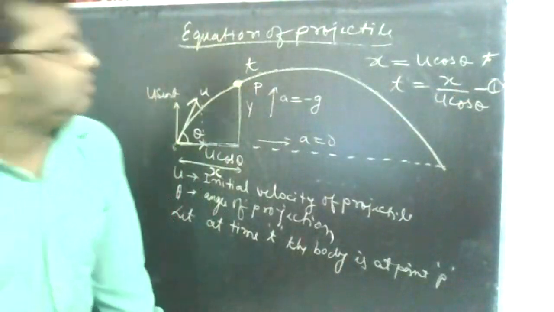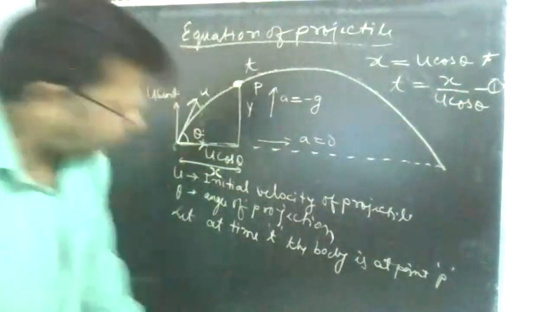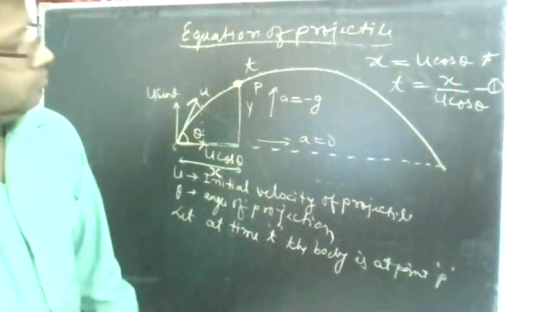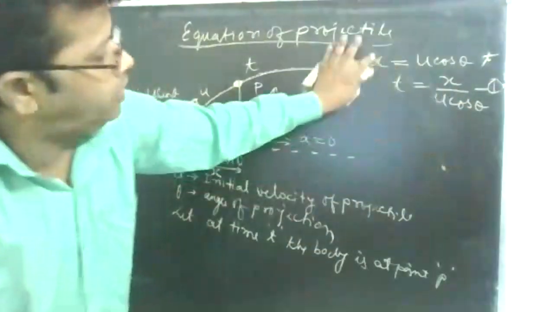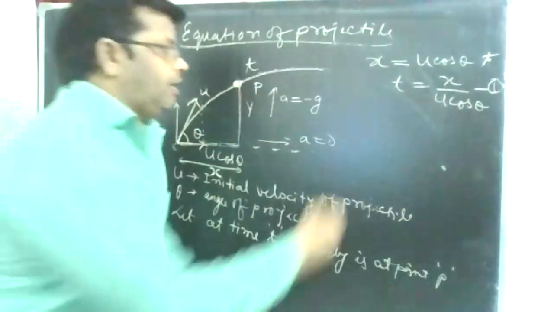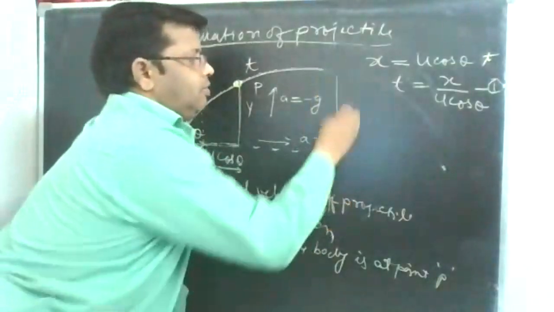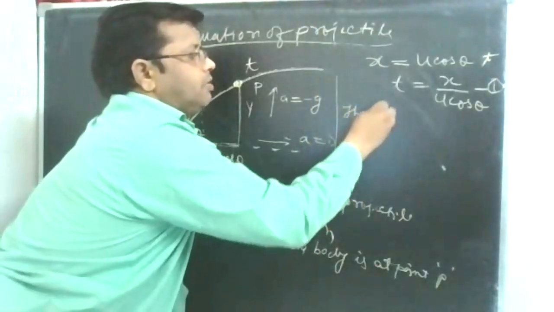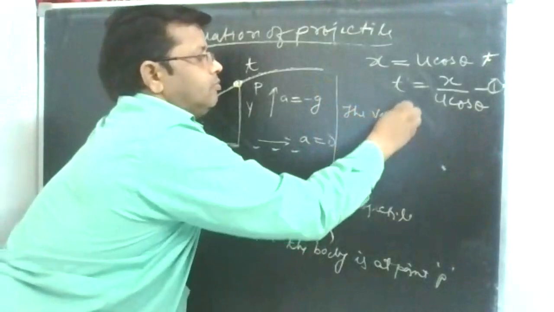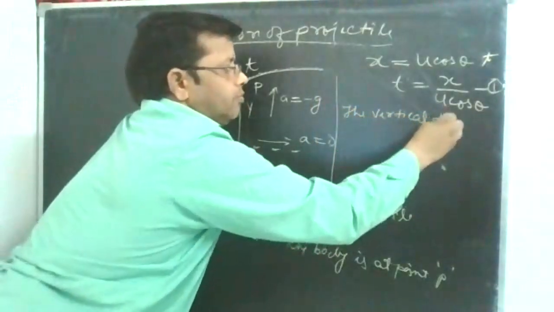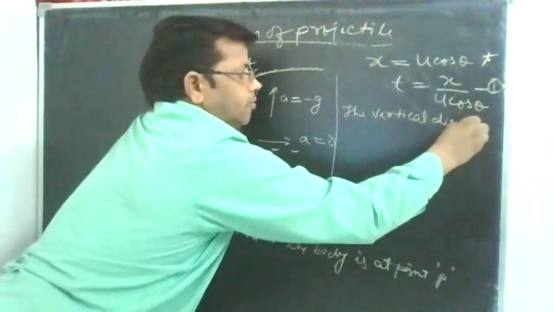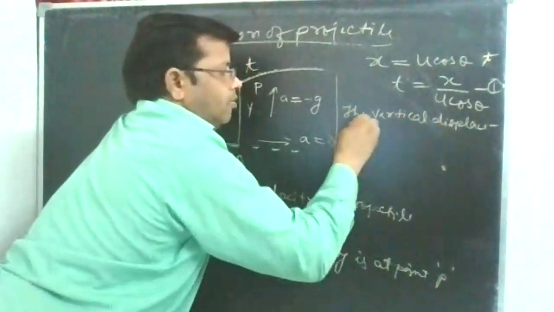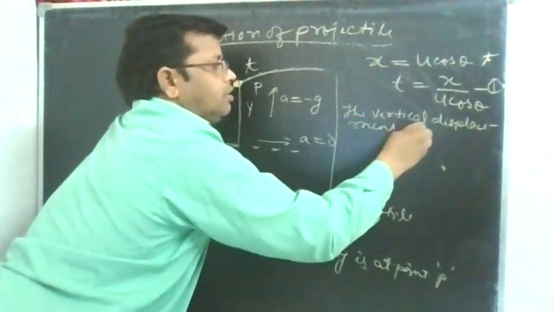Now, the vertical displacement of the body. What is the vertical displacement of the body? It is y.